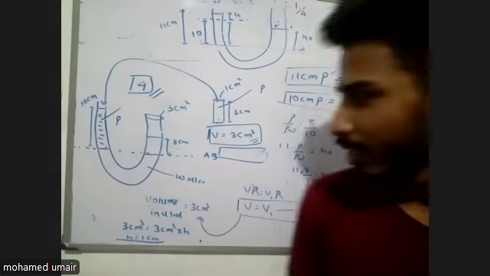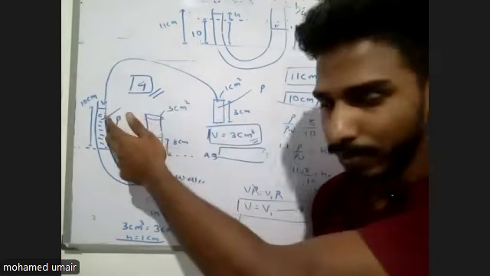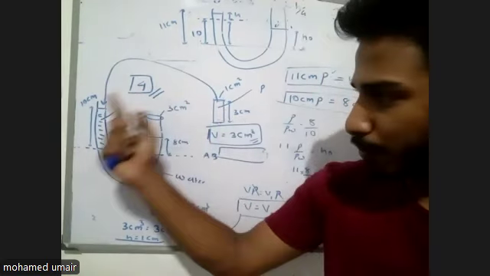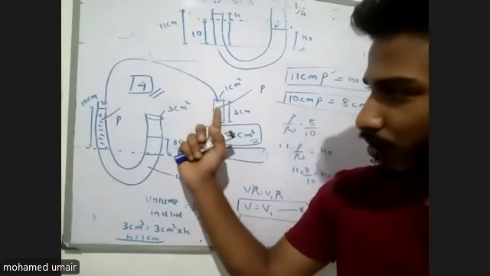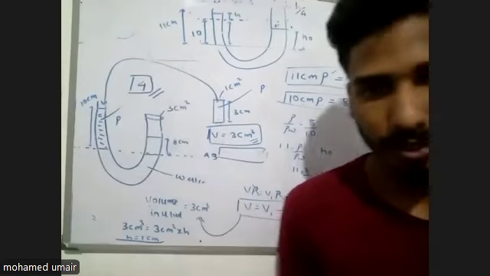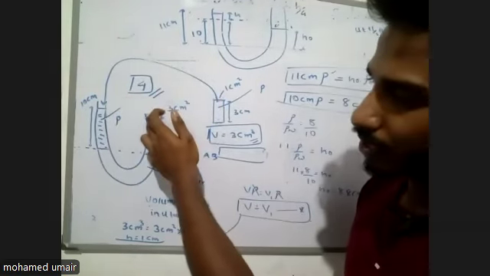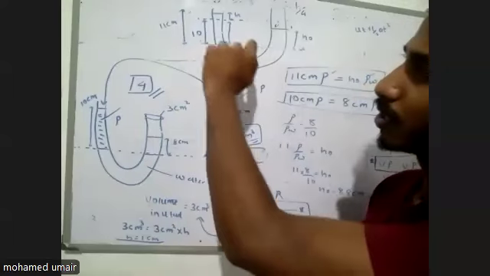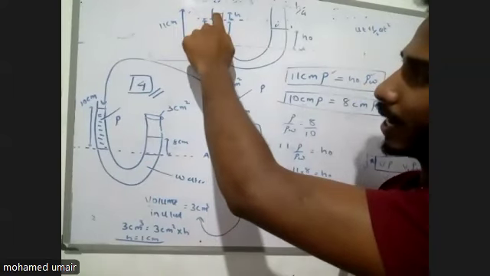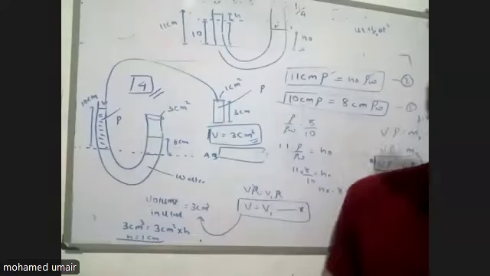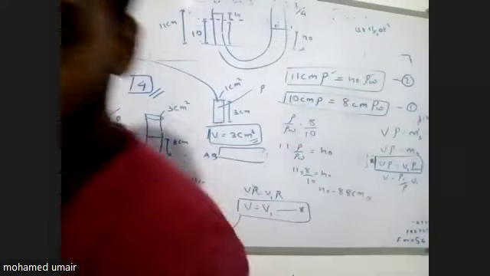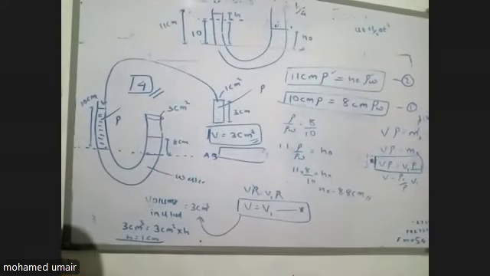And moreover, if the densities are the same, the volume displaced will be equal to the volume of the object you enter. And with the U-tube's cross-sectional areas, I found the height which is actually displaced. And from there I was moving, okay? So I hope you are clear with this.